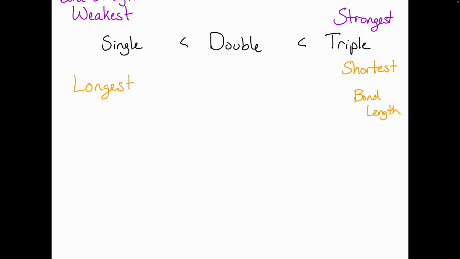I'm going to put some compounds down here. Let's look at some Lewis structures. All right. I want you to take a second and try to tell me which one of these carbon-oxygen bonds is the strongest and which one is the longest.